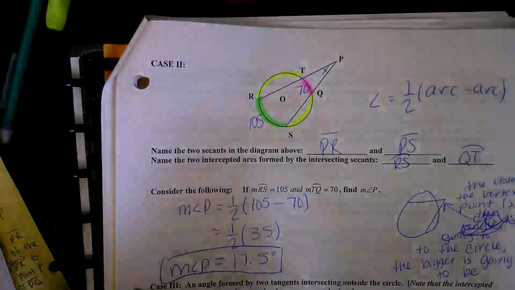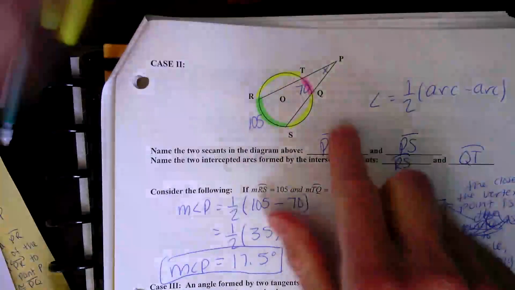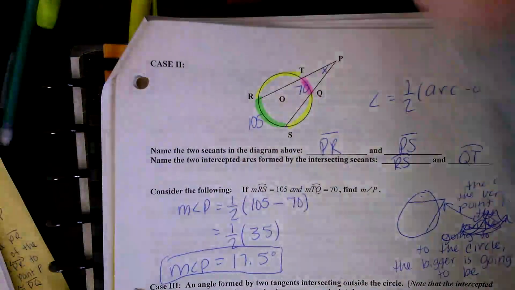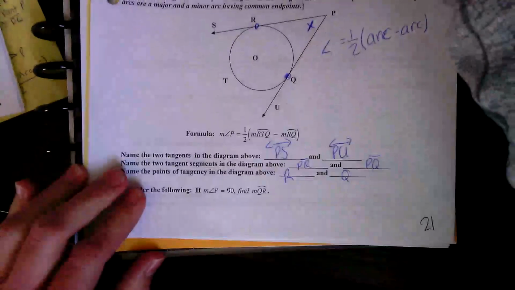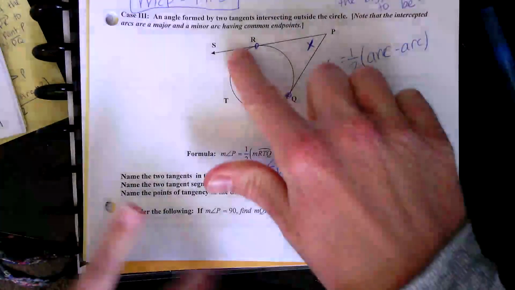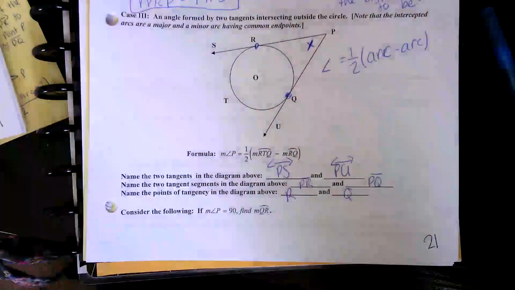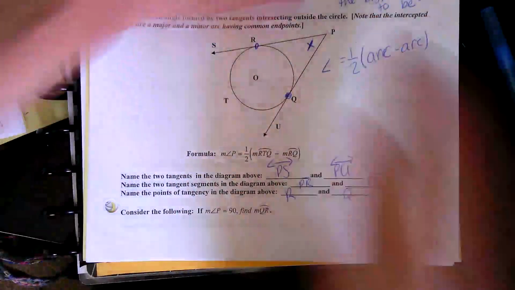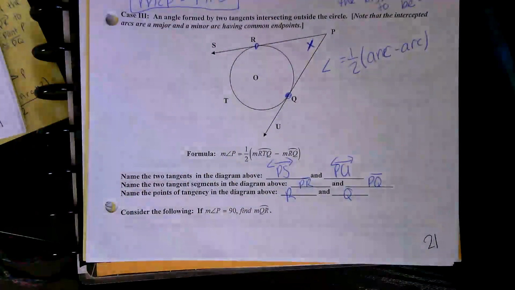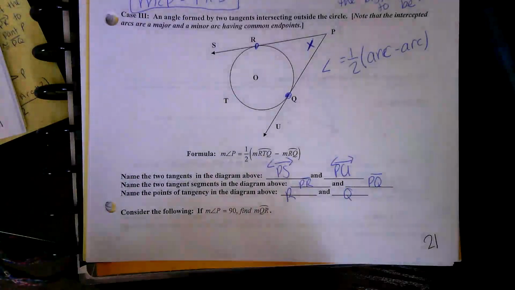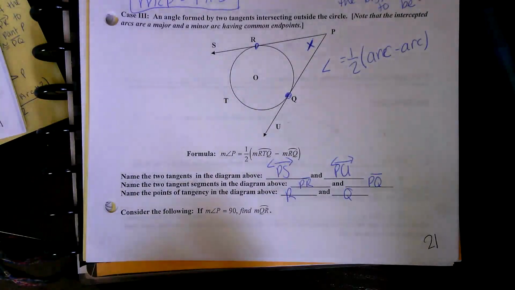There's still two arcs that aren't included within that angle that aren't intercepted. But do you see here, when you have two tangents, all of the circle is being intercepted. It's in between those two rays that form the angle. Okay. So keep that in mind while we think about this for a second.